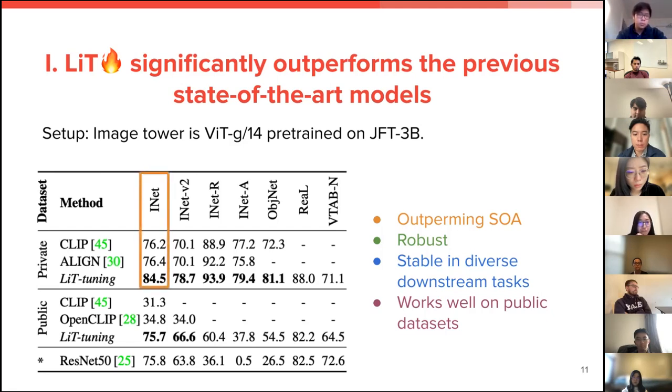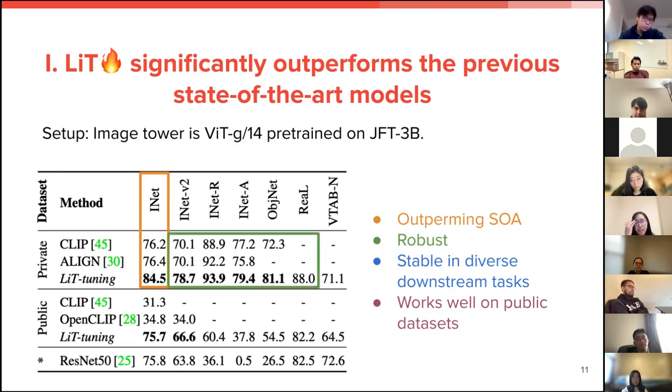We can see that for the classification task on ImageNet, LiT tuning achieves an astonishing 8% advantage over previous state-of-the-art. And if you look at the last line, which represents the supervised baseline for ResNet 50, it also beats the supervised baseline by a large margin, almost 10%. This is very, very impressive.